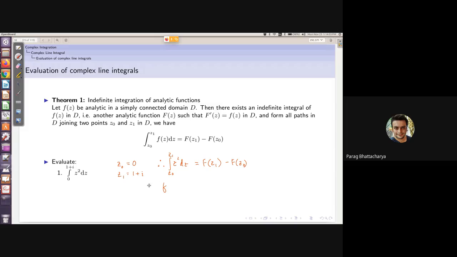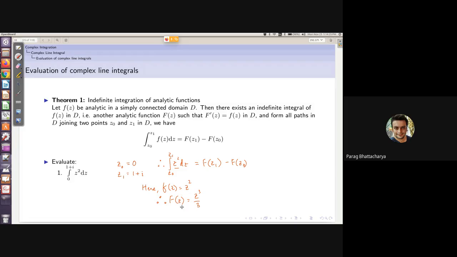Here, what is small f? Small f is z square. If small f is z square, then what is capital F? Capital F will be simply z cube by 3, as I showed some time back.